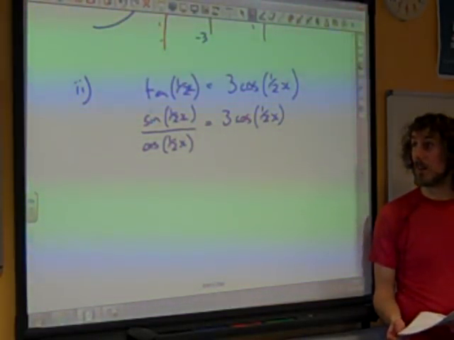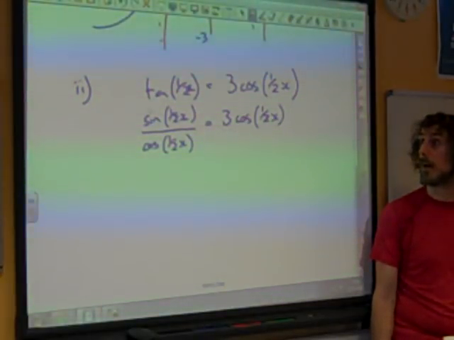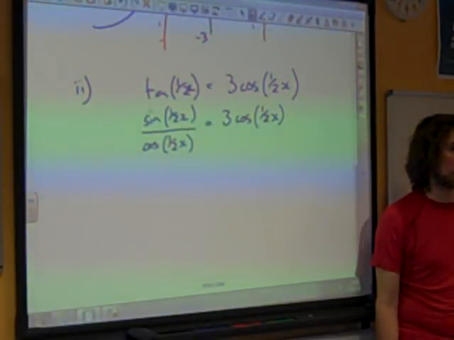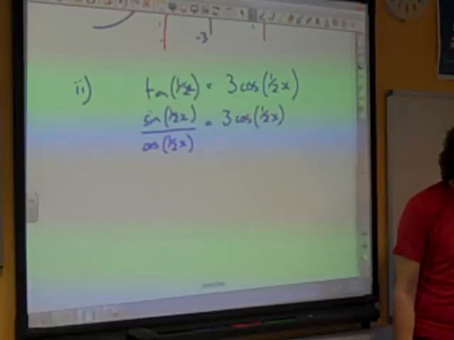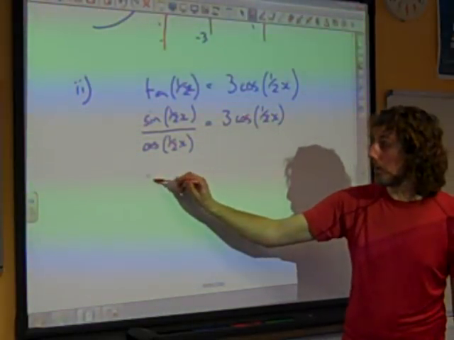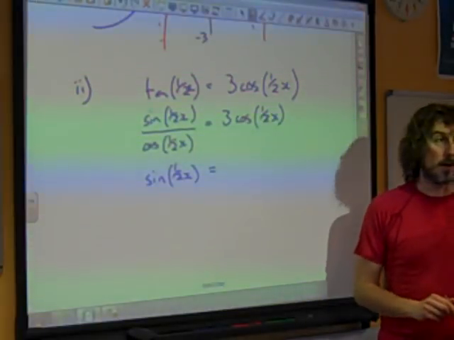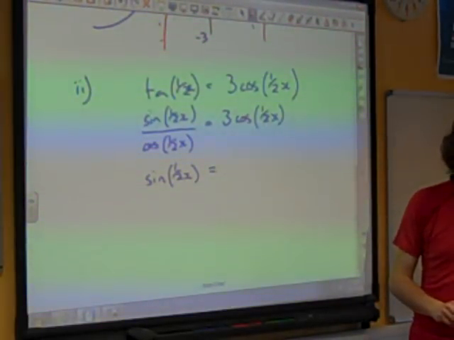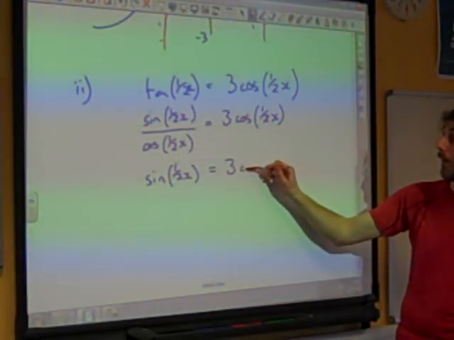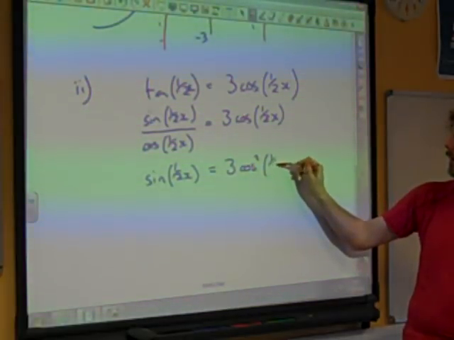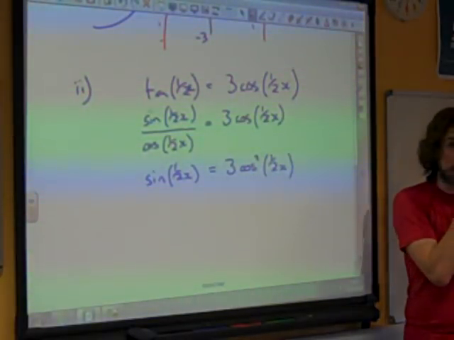So let's take the cos of half x that's on the bottom there and multiply both sides by cos of half x. Seems sensible. That gets rid of it from the bottom. We're left with sine of half x. And over here, 3 cos of half x times cos of half x would be 3 cos squared of half x.